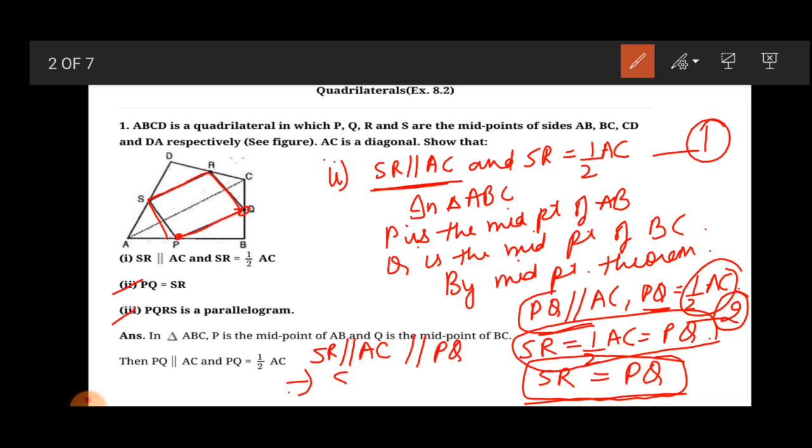So SR is parallel to PQ. Now SR is equal to PQ and SR is parallel to PQ. If in a quadrilateral a pair of opposite sides is equal and parallel, then that quadrilateral is a parallelogram. So PQRS is a parallelogram.